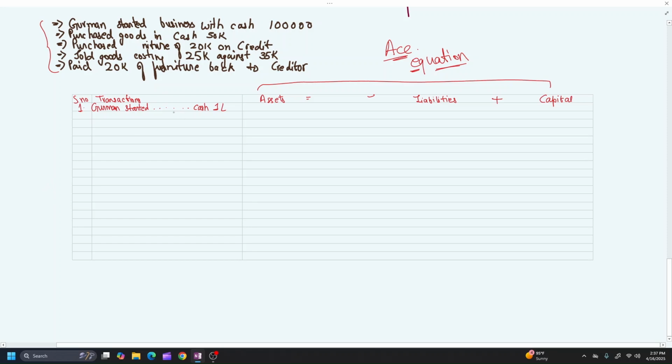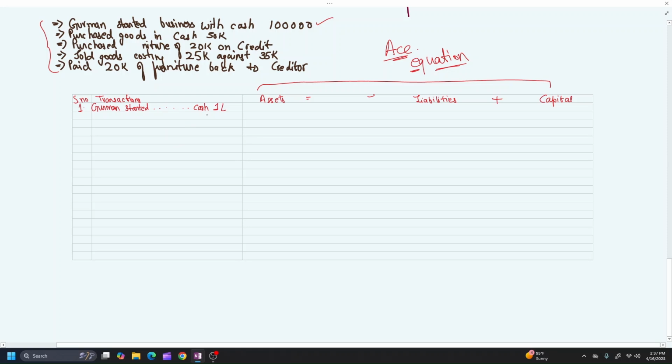I am doing it because I don't want to waste any time writing it, but you have to write the whole sentences in the transactions. You can see a lazy work, but you are not supposed to do it like this. If you do this dot stuff, your marks will be deducted definitely.